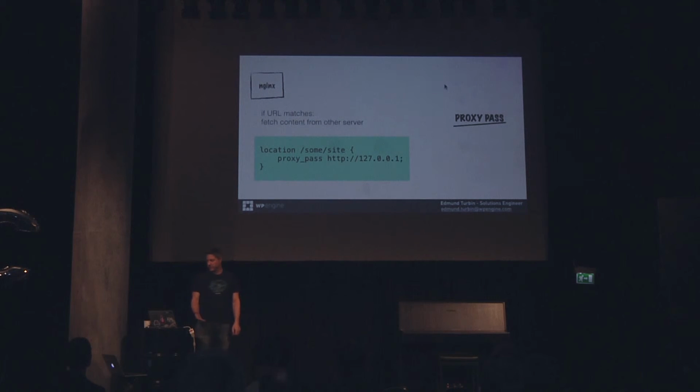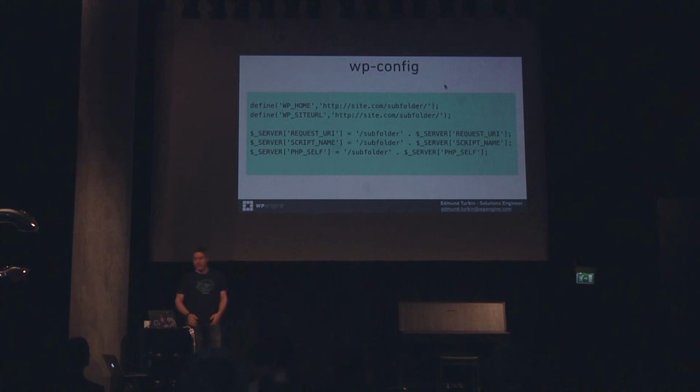Nginx, very similar, so location is some site, then pass it to the other URL. In your WP config, it would look similar to this. You'd have a subfolder where you're defining that WordPress lives in the WP home constant and then the WP site URL constant. And then you also want to point your scripts and PHP to the right location.